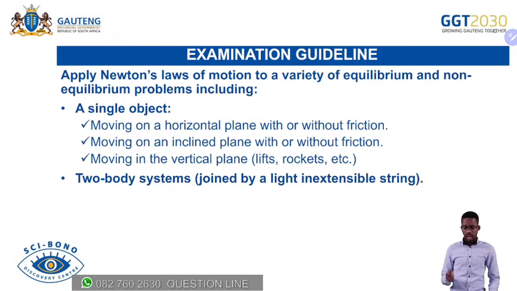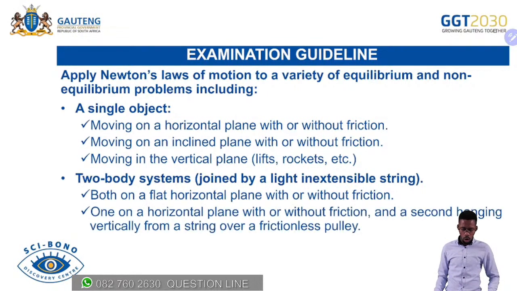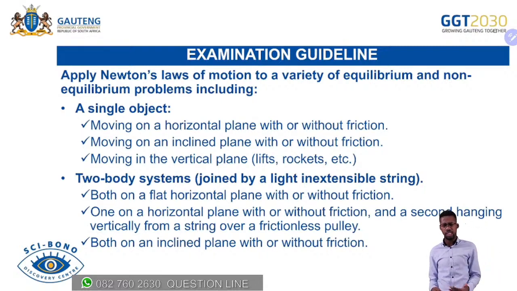The examiner can also choose a scenario where we have both objects on a flat horizontal plane with or without friction, or one on a horizontal plane and the other one hanging. More especially the November 2014 question paper has this scenario. Or both objects on an incline with or without friction.